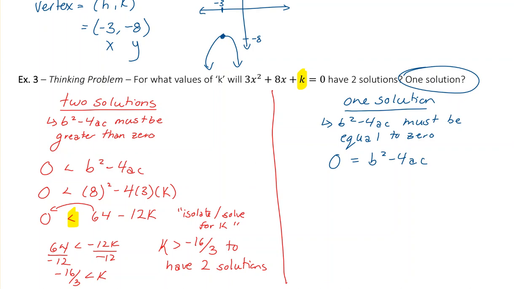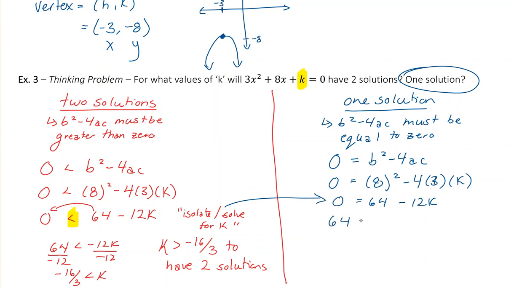Okay, well, I'm going to plug in what I know. 8 squared minus 4 times 3 times k. Okay, well, same thing, 64 minus 12k. We're going to isolate for k just like we did. So this becomes 64 and sorry, this should be negative 64 if I bring it over. Divided by negative 12, divided by negative 12, k is equal to 16 over 3 when you reduce that.